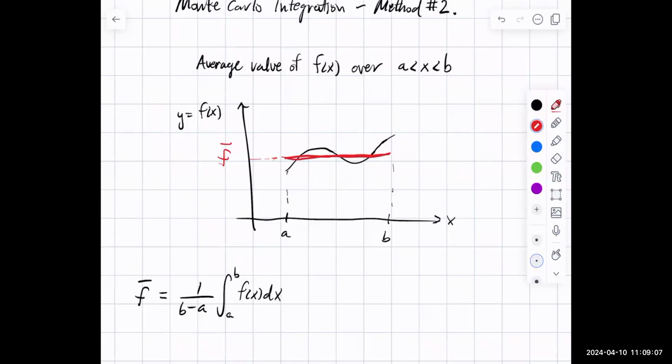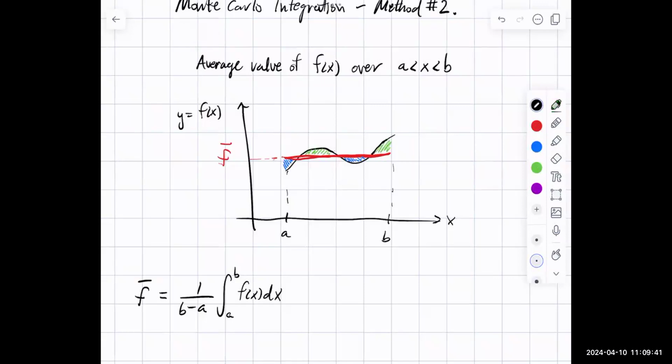Now, if this red line is half the time above the function and half the time below the function, then what we could say is this area here that I'm going to color blue is offset by this area that's above the function, which I'll color green.